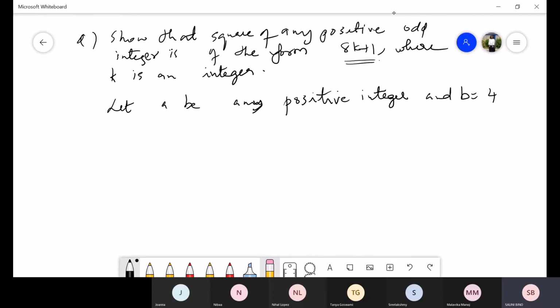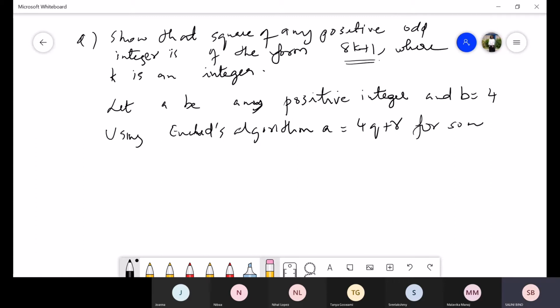Integer. So we have taken A as any positive integer and B equal to 4. So using Euclid's algorithm, we can write A equal to 4Q plus R, for some integer Q greater than or equal to 0.